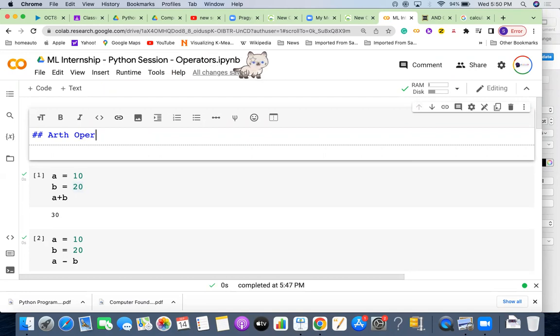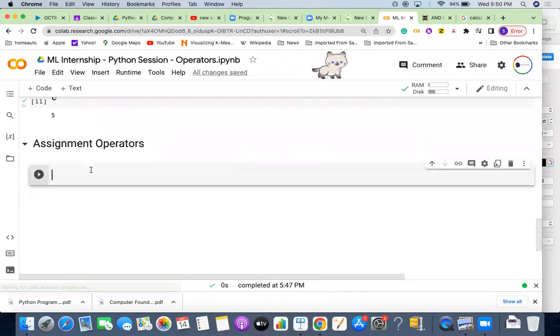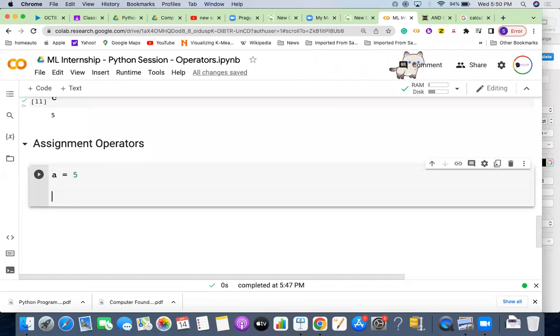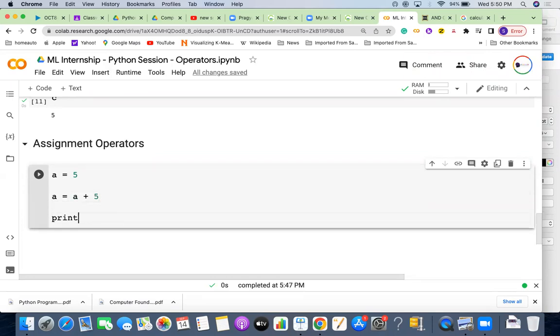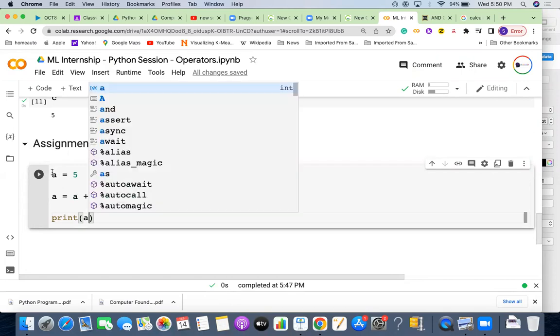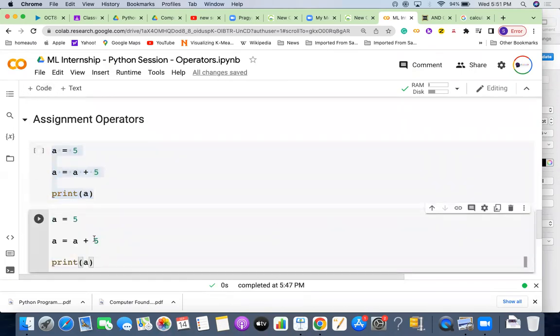Okay, fine. In assignment operators, let me say a = 5. Now a = a + 5. So print a.